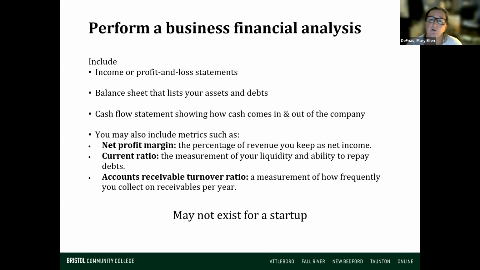Your ratio of liquidity, right? So how fast could you repay your debts? How fast could you, if you needed to, sell all of your assets and repay all of your debts? Or are you at a point where even if you were to liquidate the company, sell all the assets, you would still owe your creditors? Okay. And that's a big one because they want to see how fiscally responsible you're being.